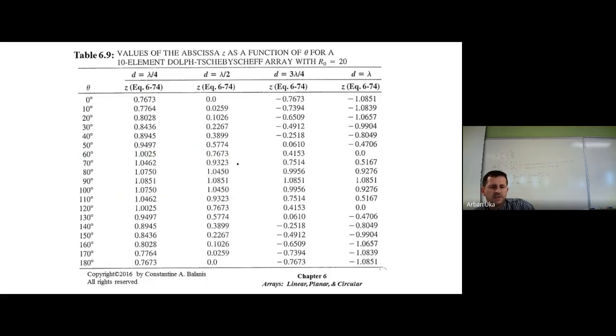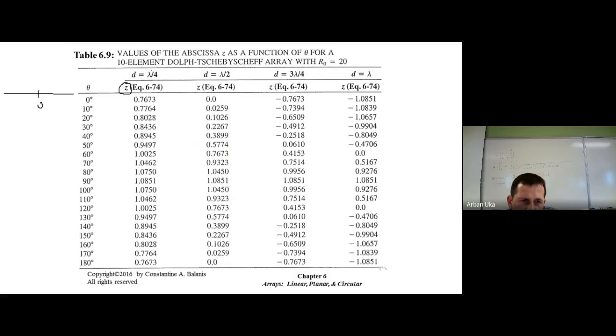Now, actually, this graph makes things much more clear. For an antenna with a distance of lambda over 4, the value of z can be from 0. So maybe it's better if we do it like this.